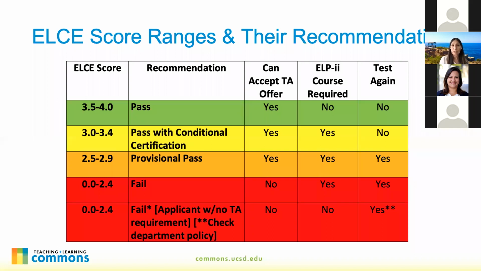For students in these score ranges, you are not eligible yet to accept an offer to TA, and more work needs to be done. You'll notice here that even in these ranges, yes, you will be required to polish and develop your skills. I do not work yet with students who have no TA requirement.